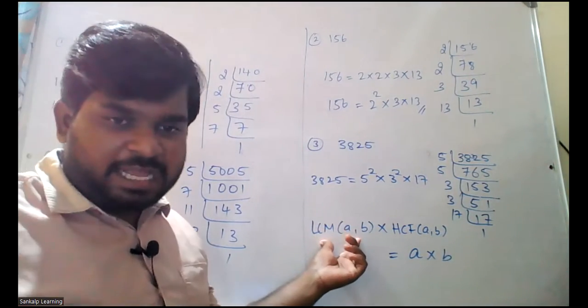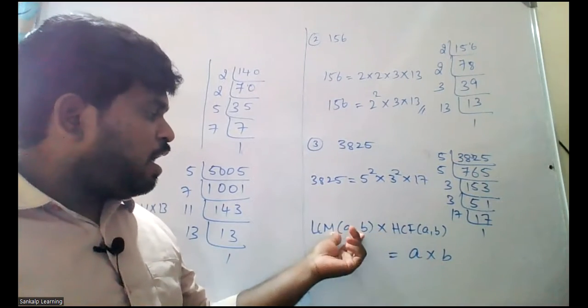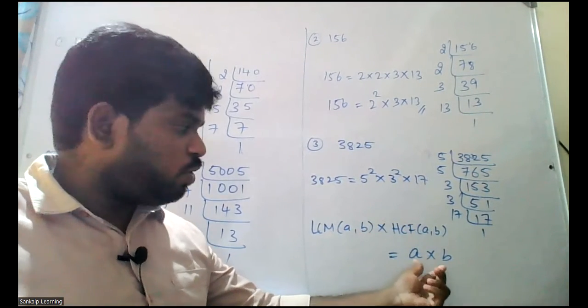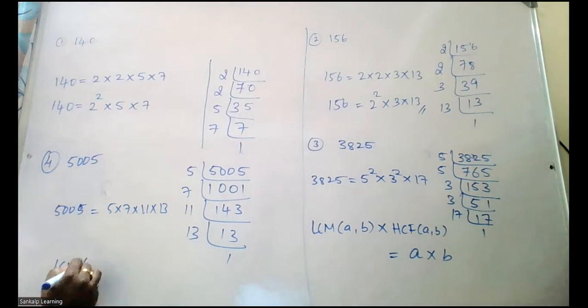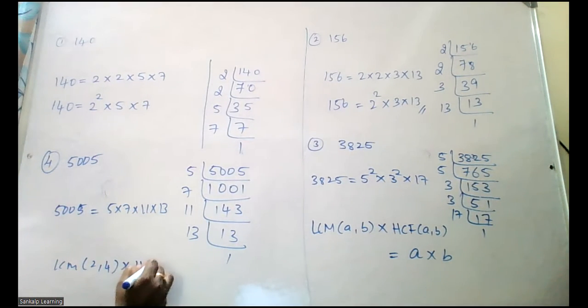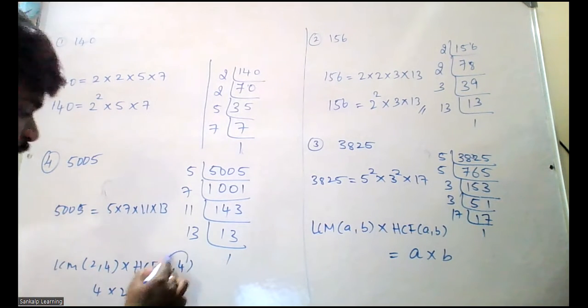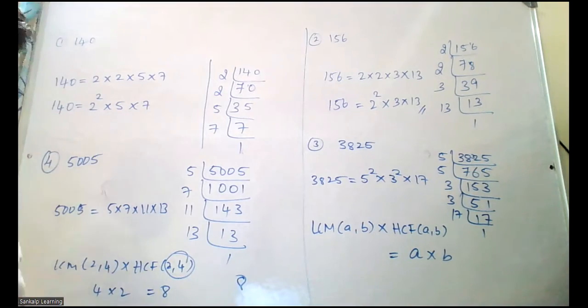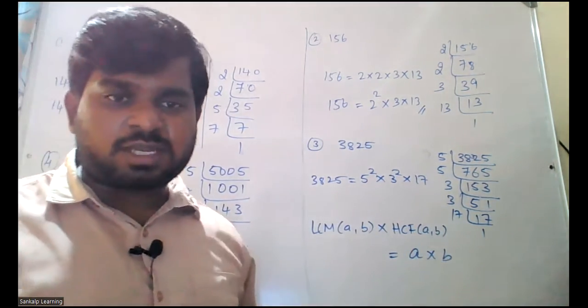Suppose you are finding LCM and HCF of the same two numbers and you multiply them, that will be equal to A into B. For example, LCM of 2 comma 4 is 4 and HCF of 2 comma 4 is 2. If I multiply, I get 8. If I multiply the numbers 2 and 4, even then I get 8. That is the result.